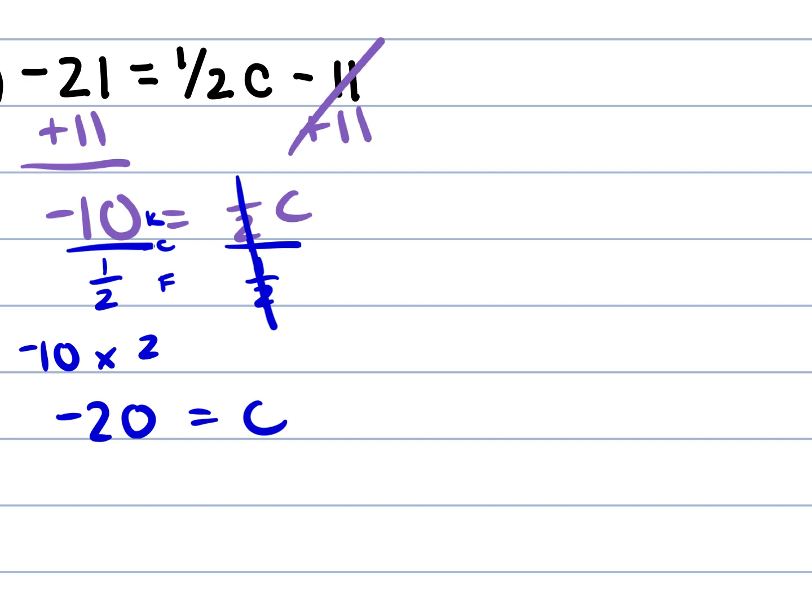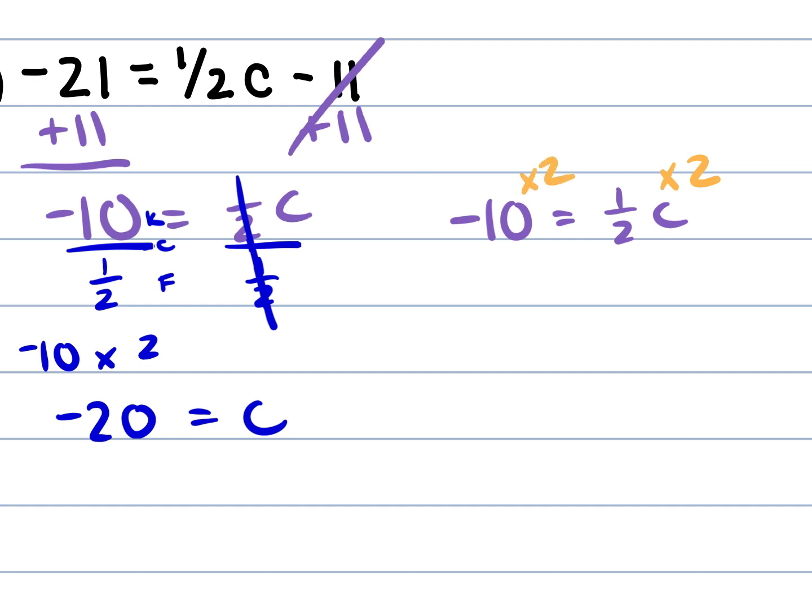So I said there's a couple different ways we could have solved it. Another way, if I had negative 10 is equal to 1/2 C. Whenever I have a fraction, I can multiply everything in my equation by whatever the denominator of that fraction is to get the fraction to cancel. So I can multiply both sides of my equation by 2.